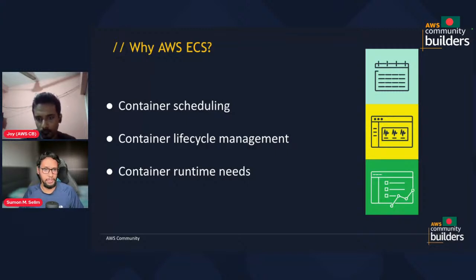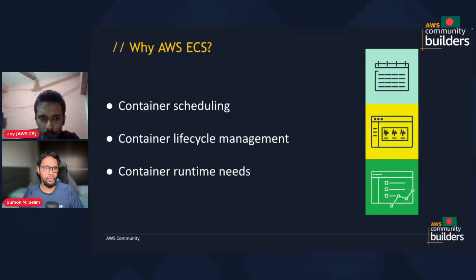We can schedule our containers, and AWS will only run that application at the time we specify, and it can be done for thousands of containers. So it becomes much easier, and AWS will manage the container lifecycle for us: when a container needs to start, when it needs to stop, and if something stops and needs to be auto started. All these things can be maintained by ECS.